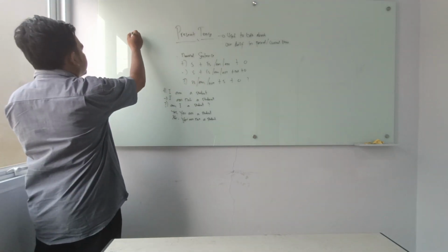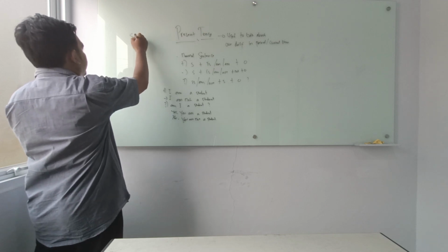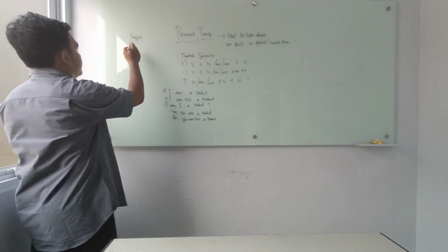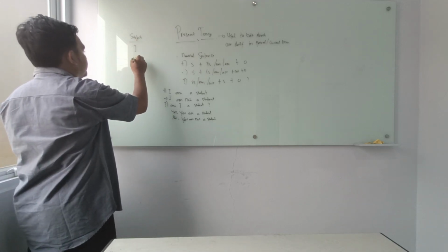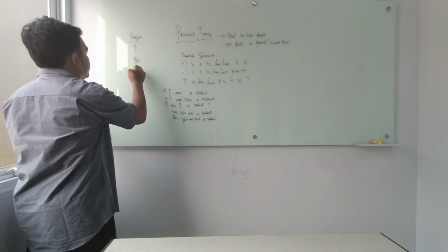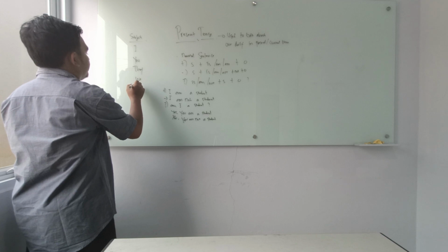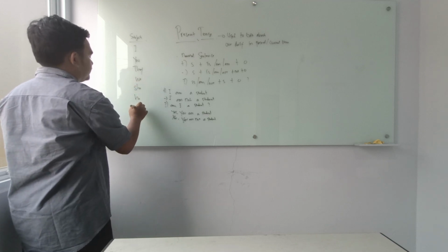We know there are seven subjects, right? There are I, you, they, we, and she, he, it.